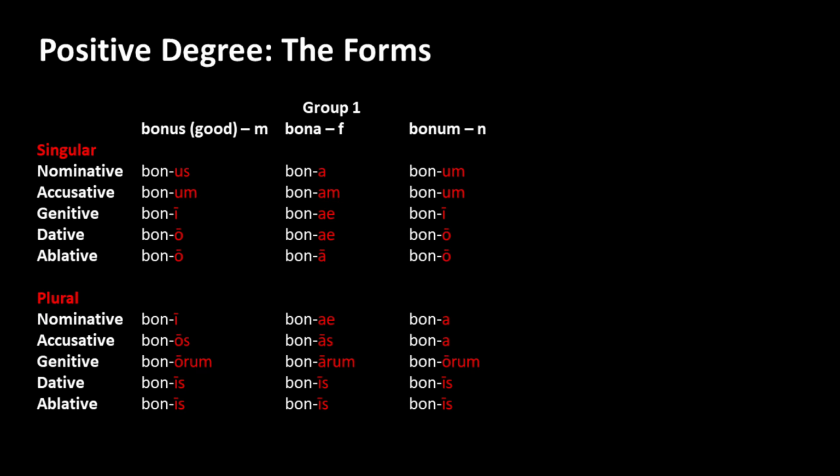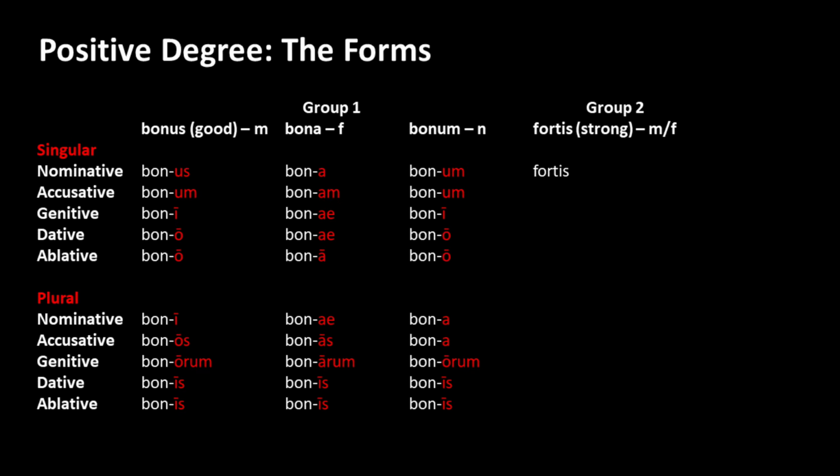This being said, let us move to group 2 adjectives, and we will take as our example fortis, which means strong or brave. As with all third declension nouns, the adjectives of this kind are indifferently masculine and feminine in their forms.